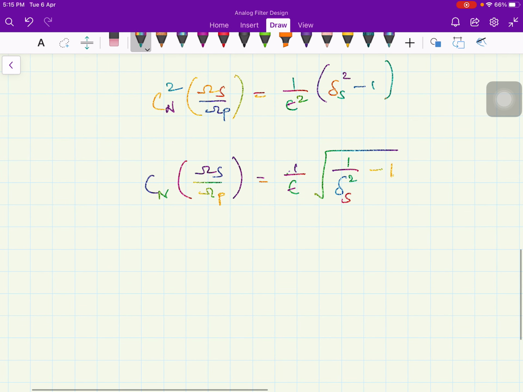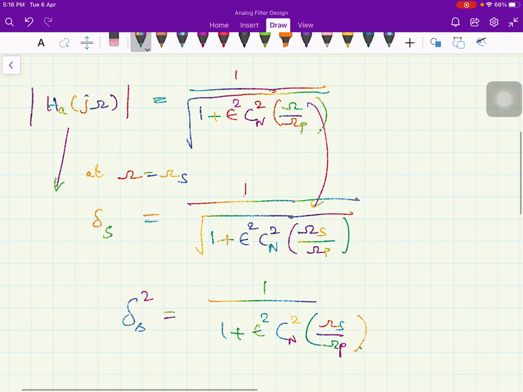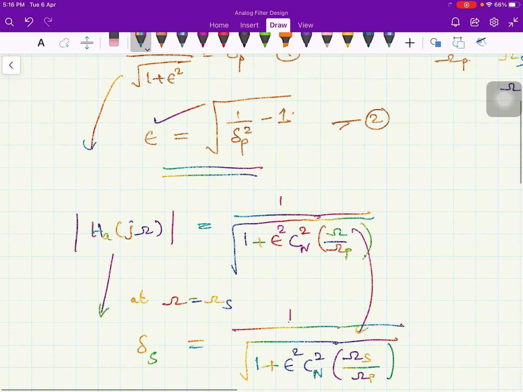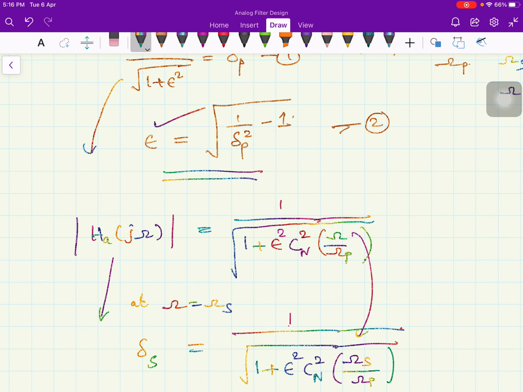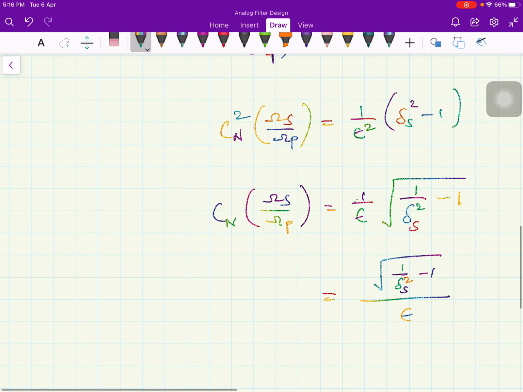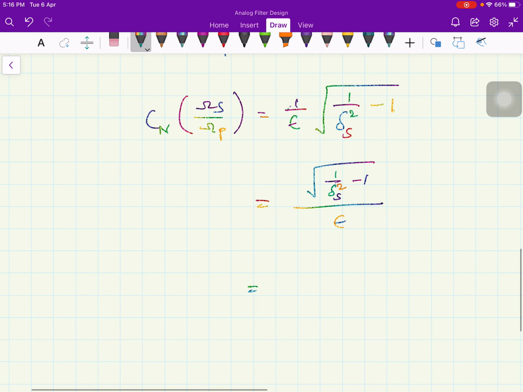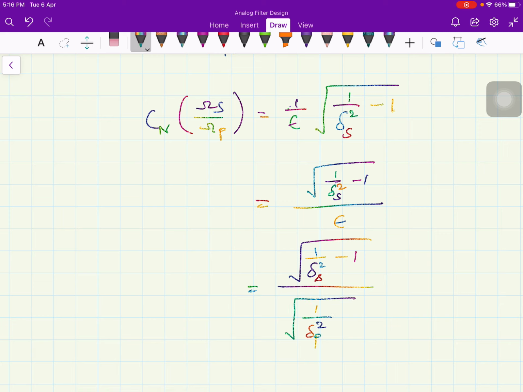Now I'm going to write as follows: square root of 1 by delta s squared minus 1, divided by epsilon. And from equation 2, what is epsilon? Epsilon is square root of 1 by delta p squared minus 1. So you can substitute here. Therefore, in the numerator, square root of 1 divided by delta s squared minus 1, and in the denominator, square root of 1 divided by delta p squared minus 1.